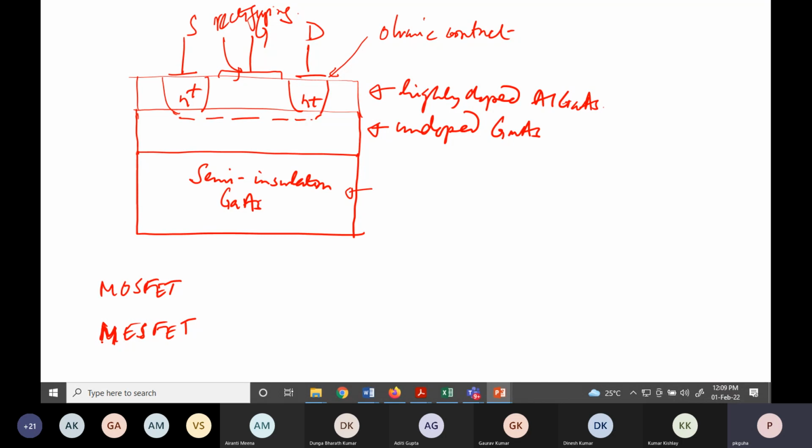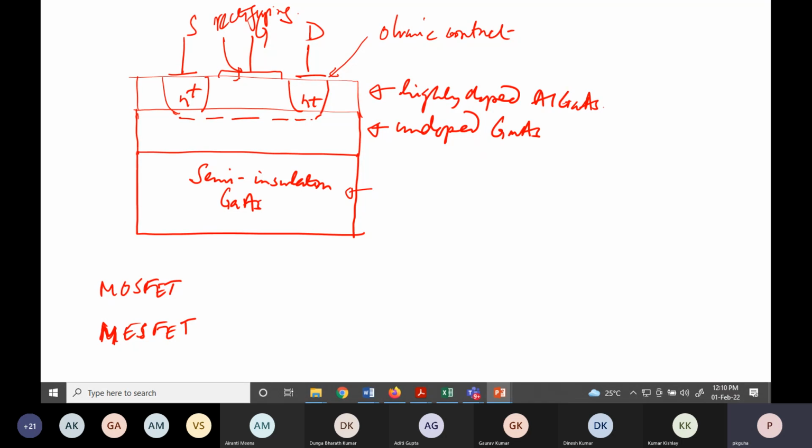If you try to make a gallium arsenide based FET device, gallium arsenide doesn't have a good oxide layer, so there will basically be no oxide. So in a gallium arsenide based FET, we have the gate directly deposited on top of gallium arsenide.